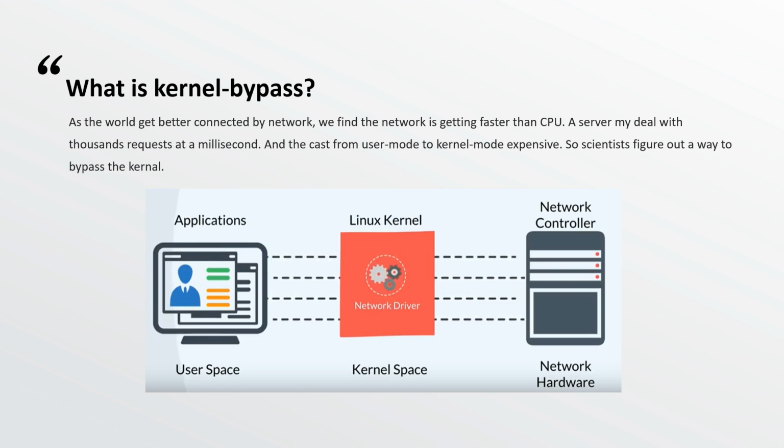When it calls the APIs, the kernel will switch the application from user mode into kernel mode, so it can interact with the hardware devices. And after you use the hardware devices, the kernel will switch the application from kernel mode back to user mode. So scientists find this is the bottleneck of the latency.